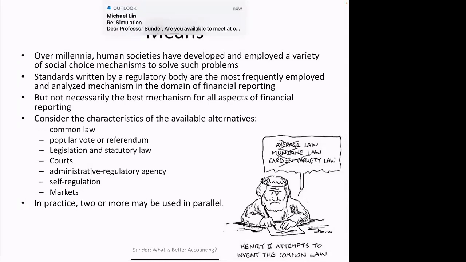Courts, which is a proposal made by Spacek in 1958, that we should have accounting courts and develop case law. Just like lawyers have common law development, we should develop case law for financial reporting. That proposal was not really considered, but it has not really died down, because a lot of people still talk about that 1958 Accounting Review article by Spacek, and I would encourage you to look at it.